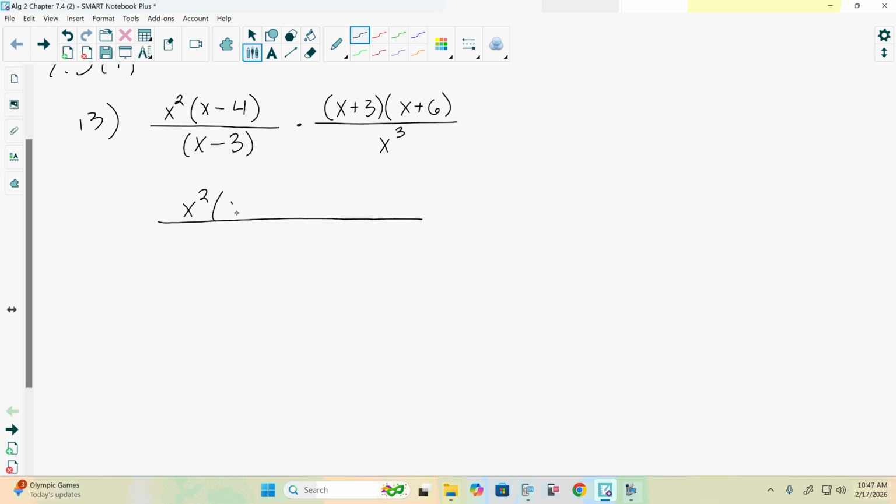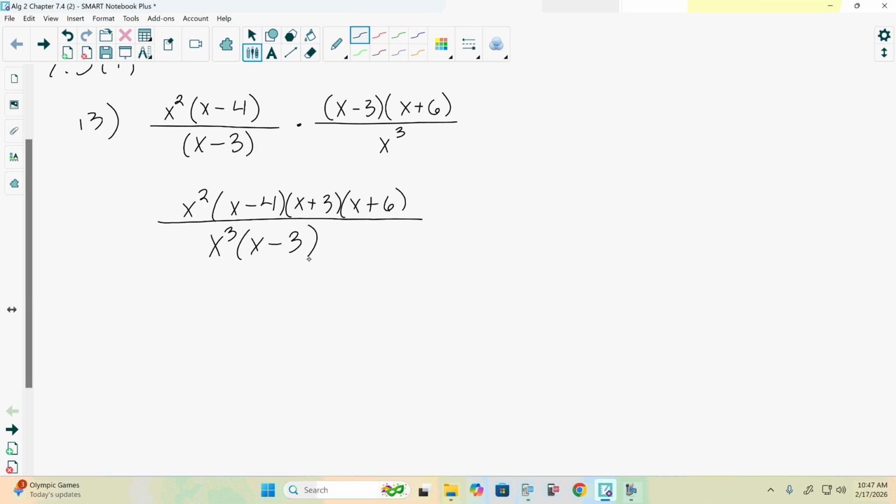On the top we'll have x squared, the x minus 4, the x plus 3, and x plus 6. Make sure I wrote that right. Nope, because that should be minus. On bottom, we have x cubed and x minus 3 are the only things we have.